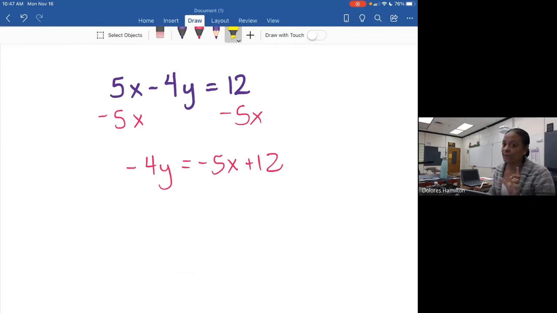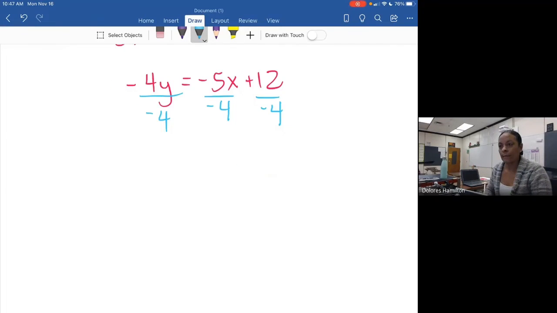Again, I put the x term before the constant. You'll also notice that I kept that negative attached to the 4 in front of the y. Don't leave that out. Our next step is to divide everything by negative 4. And then when we simplify that, we get positive y equals, I have negative 5 over negative 4x.